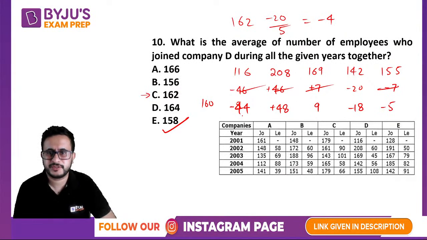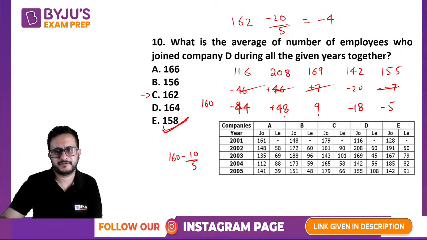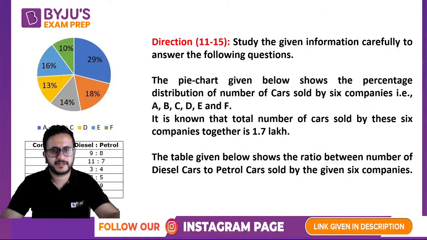Okay, so in that case you would have got 4 plus 9, 13, 13 minus 23 is minus 10, so you would have got 160 minus 10 by 5. Right, so you would get the answer as 158, or you can add also, that is also perfectly fine. But if there are more than 5 numbers, it becomes difficult to add.